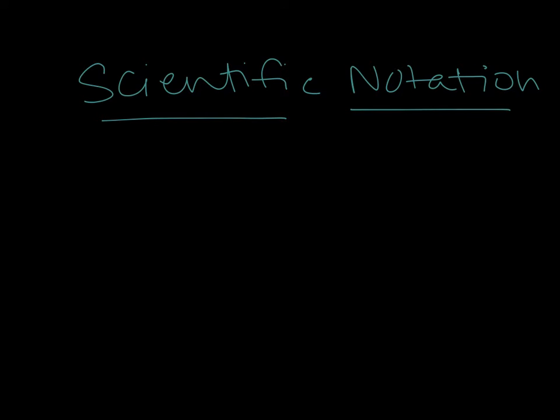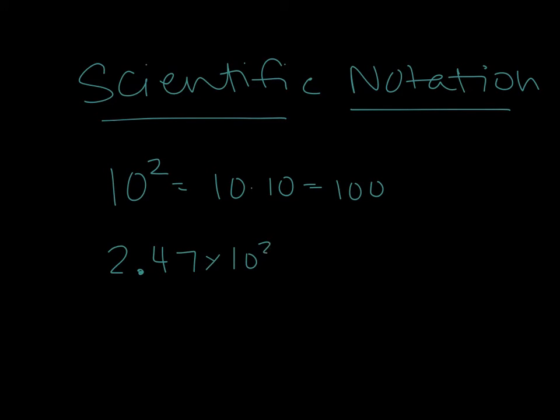Alright, so if I have 10 squared, what is that? Well, that's equal to 10 times 10, and so that's 100. So if I have 2.47 times 10 squared, well, that's the same as saying 2.47 times 100. And so that's equal to 247.